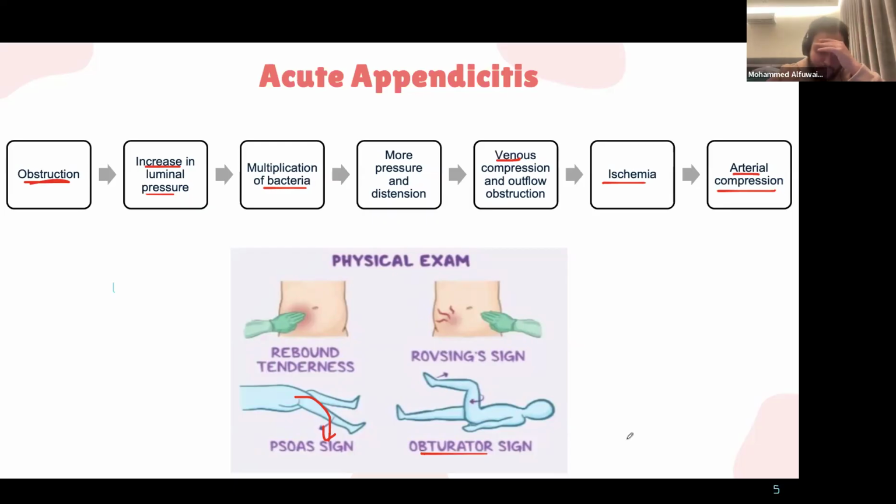Now, the more important thing is what do you do to diagnose it? Firstly, it is clinical, with history and so on. That's usually enough. However, if you were to do imaging, what is the gold standard imaging?